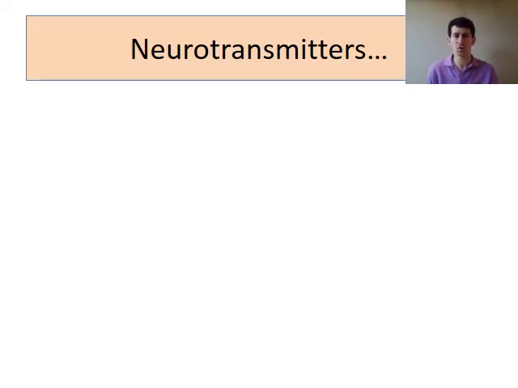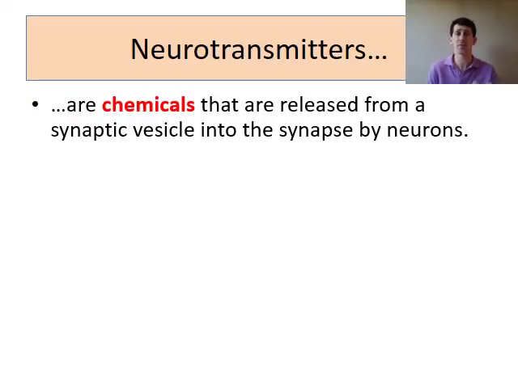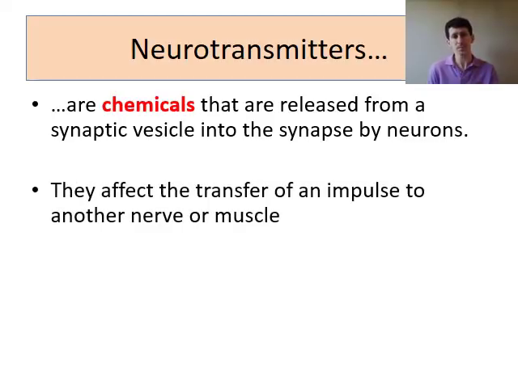Before we have a look at the step-by-step process of synaptic transmission, we're just going to have a recap of what neurotransmitters are. You should remember some of the key ones from when we were doing abnormality: dopamine, serotonin. These are chemicals that are released from the synaptic vesicles into the synapse by a neuron, and they affect the transfer of an impulse. As soon as the neurotransmitters land on the postsynaptic membrane, that allows the impulse to continue across the synapse.